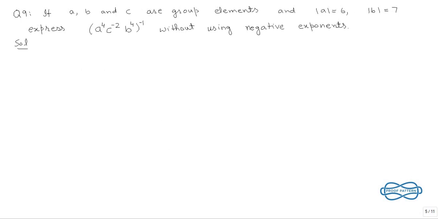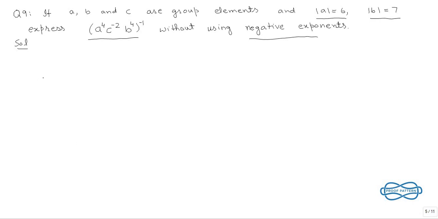Question number 9. The statement is, if a, b and c are group elements and the order of a is 6 and the order of b is 7, then express this element without using negative exponent. We know that the order of an element is the least positive integer such that if we take that integer as a power of that element, we will get the identity.